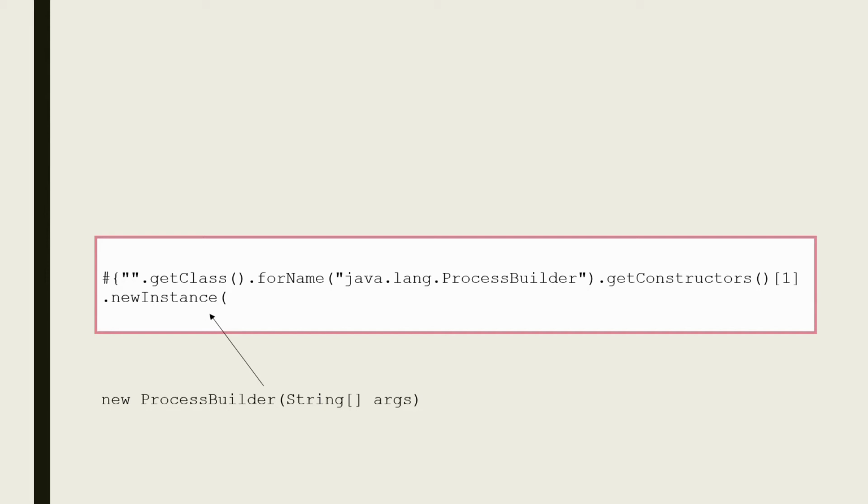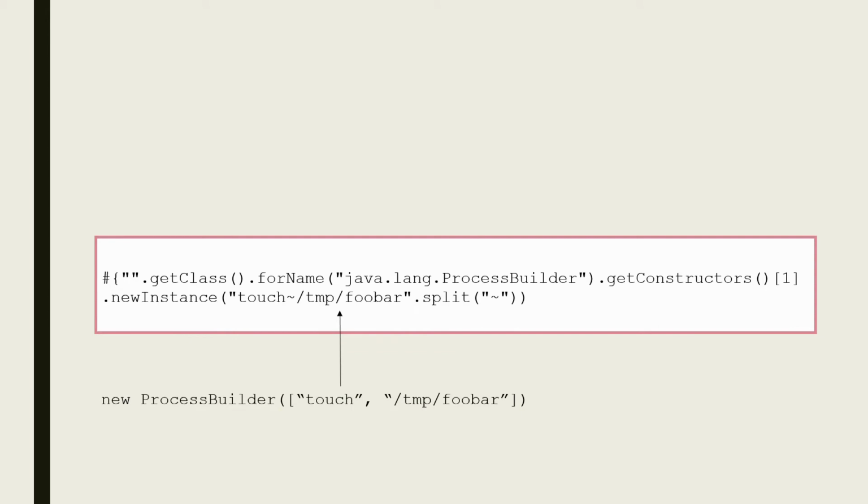So we call the function getConstructors. ProcessBuilder has two constructors actually, so we need to index it with either 0 or 1. I will explain later why I put a 1 in here. But for now, just assume that at index 1 we have the constructor that takes a string array, as you can see here on the bottom of the page.